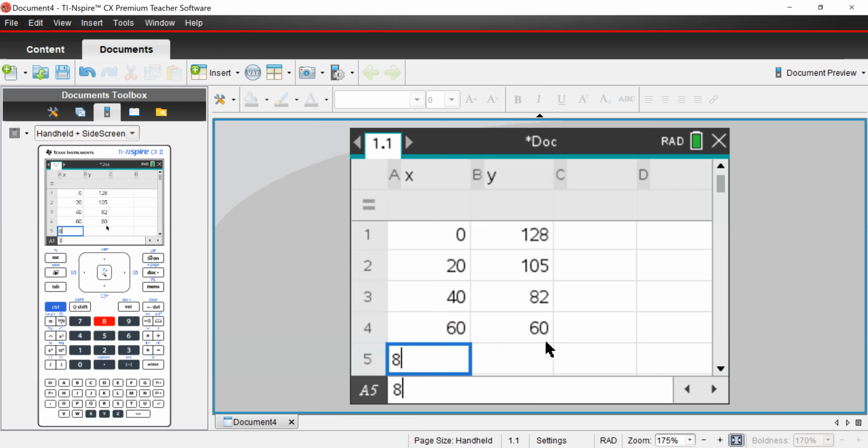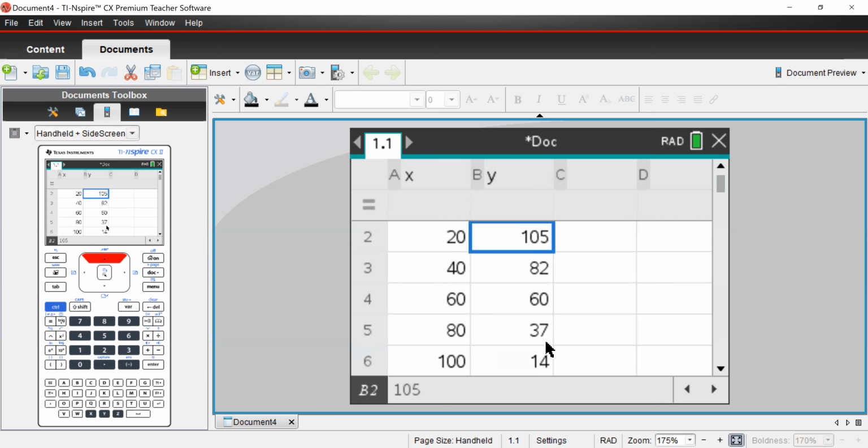And then at 80 minutes, it will be 109 minus 72. That would be 37. And at 100 minutes, that would be 14. Okay, 86 minus 72, it's 14.